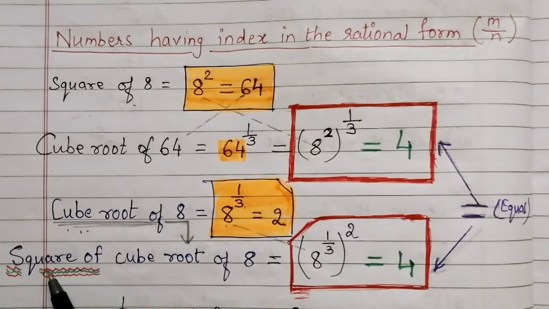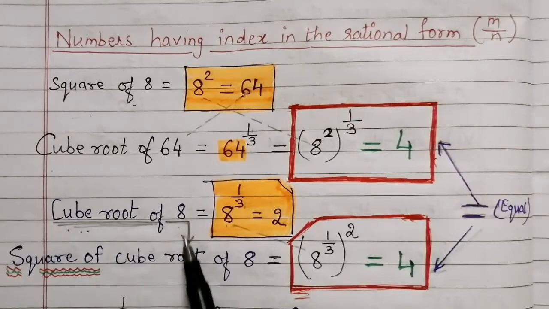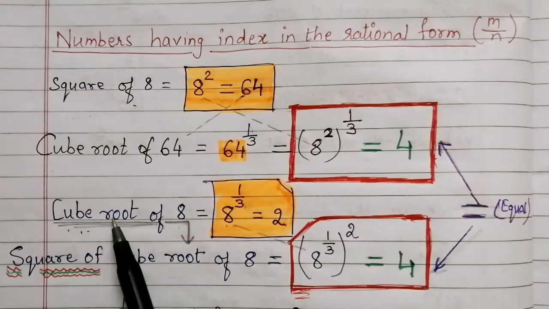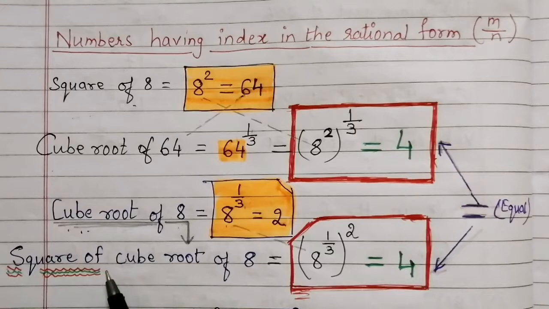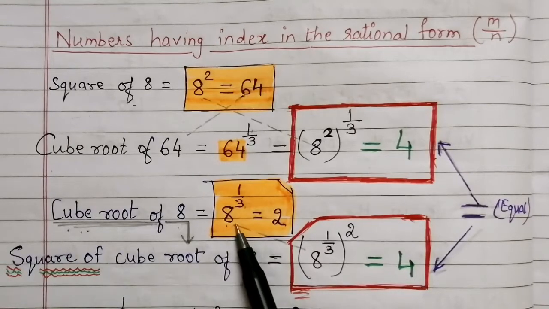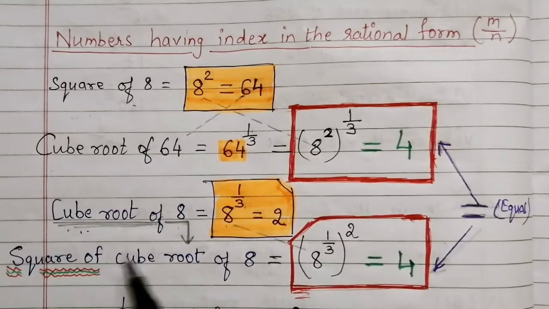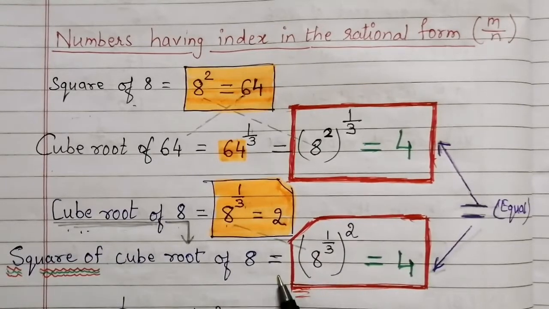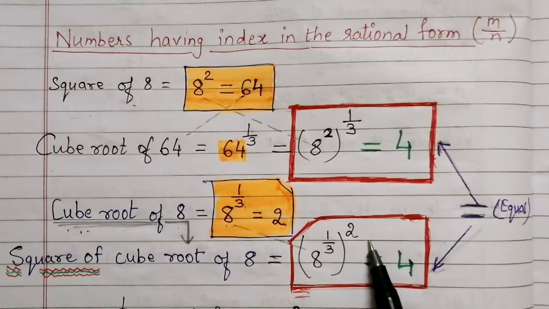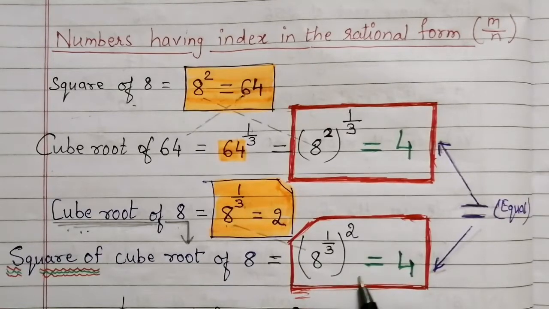So now the square of cube root of 8. Here it is cube root of 8, but it's squared. So cube root of 8 is 8 raised to 1 upon 3, but square of this term, so we will put square over here. Its value is also 4.